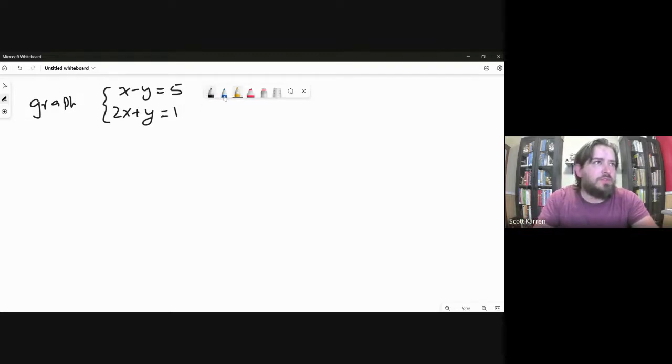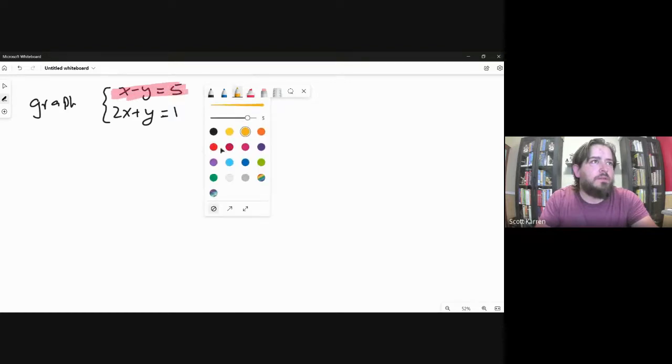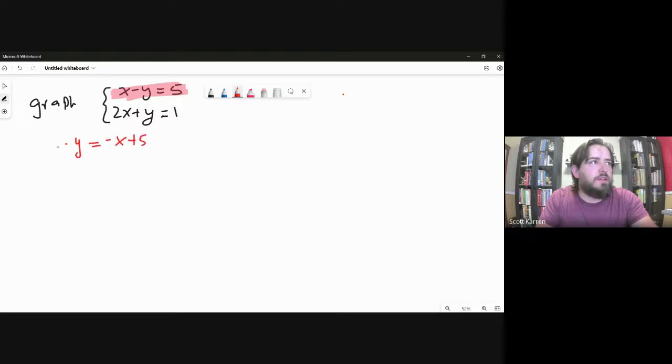So on equation 1, I'm just going to move the x to the other side. I'll subtract x, which leaves me with negative y equals negative x plus 5. Then I want to get rid of this negative, so I'm going to multiply everything by negative 1. So y equals x minus 5.